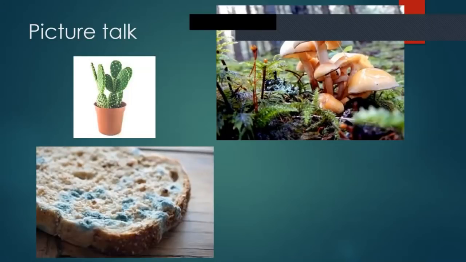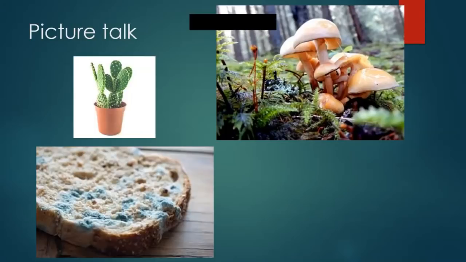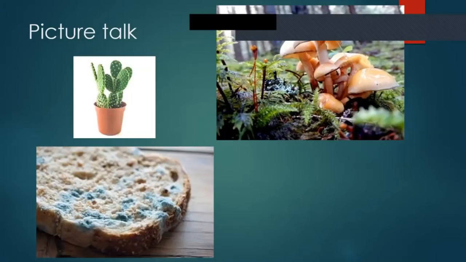What do you observe in this picture? Molds. The blue color structures are molds. These molds are an example of non-green plants. These molds are also living things, but they depend on food from dead and decayed plants. Understood, children?